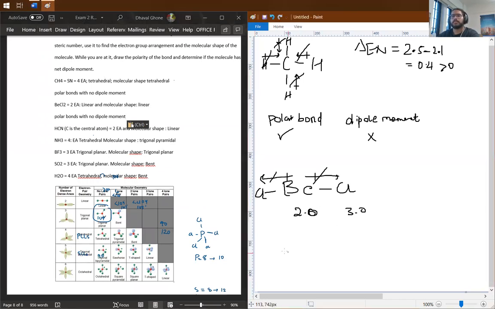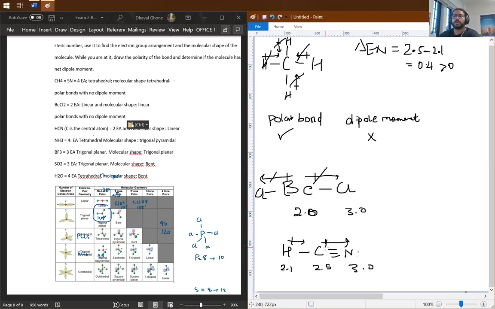Okay, in the case of HCN, hydrogen has 2.1 electronegativity, carbon is 2.5, and nitrogen is 3. So from the central atom, nitrogen is more electronegative, so it moves over here. But between these two, carbon is more electronegative, so it'll move towards here.